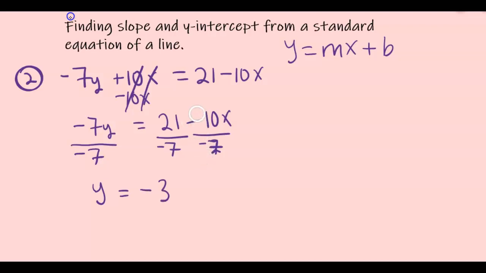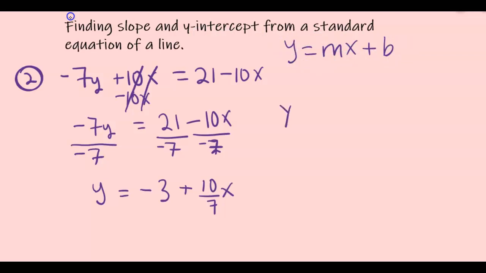Here there's a negative, so it will turn into positive. It's not really divisible, so we will hold it like that. So here they become plus 10/7x.